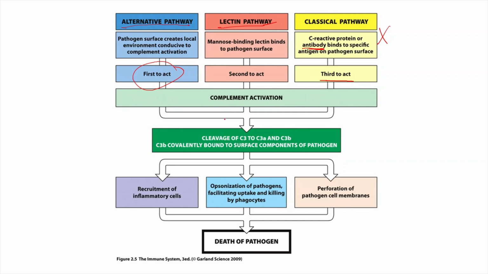Ultimately all these pathways lead to disruption of the pathogen cell membrane, forming the MAC, the membrane attack complex, and lead to death. Then opsonization makes the pathogen more tasty, leading to death again, and recruitment of more immune cells. The other term here is chemotaxis.